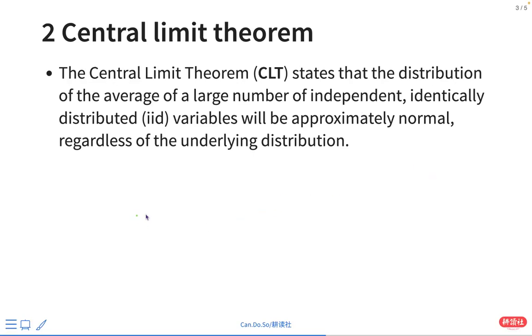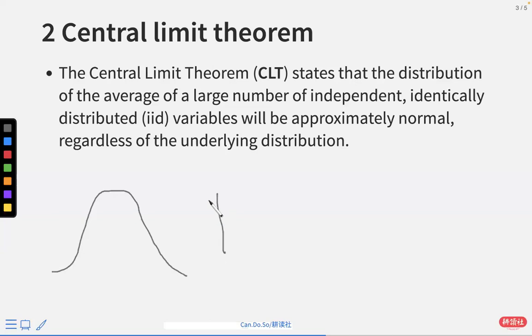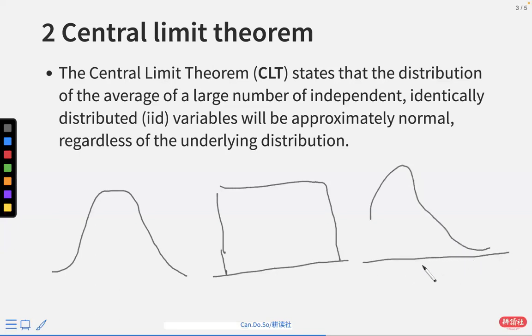for example, it could be a normal distribution. Excuse my bad drawing. For example, it's a normal distribution or a uniform distribution or a chi-square distribution or any other distribution.